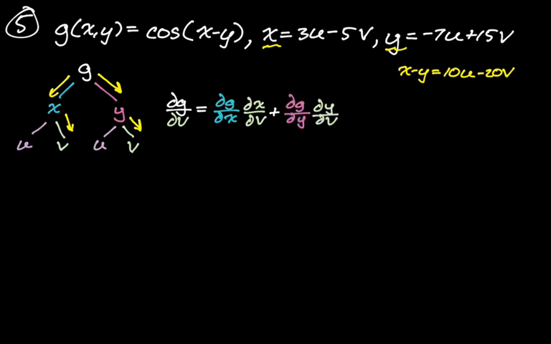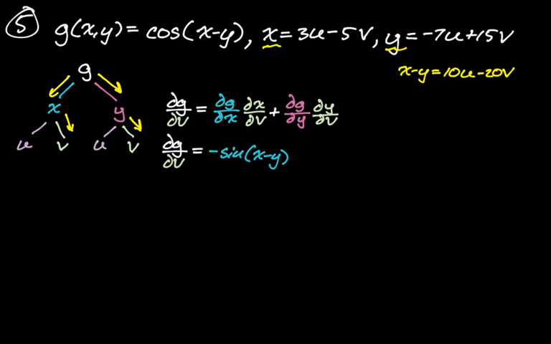Okay, now we're calculating all these things again. So partial g partial x is still just negative sine of x minus y. So a lot of the work ends up very similar if you're doing partial u and then partial v, because the partials of g with respect to x and y don't change.